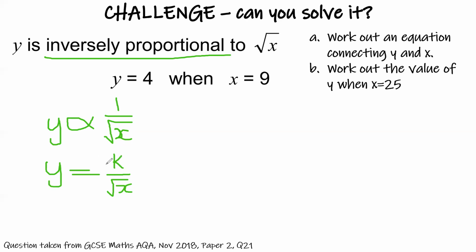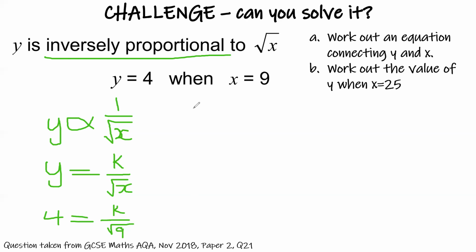So in order to work out the value of k, what we do is substitute in these values for y and for x, and then hopefully that will all untangle and we'll be able to figure out what k equals. So if we do that, we end up with 4 is equal to k over the square root of 9. Hopefully you're aware that the square root of 9 is 3.